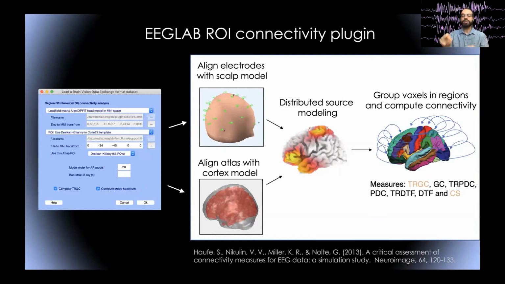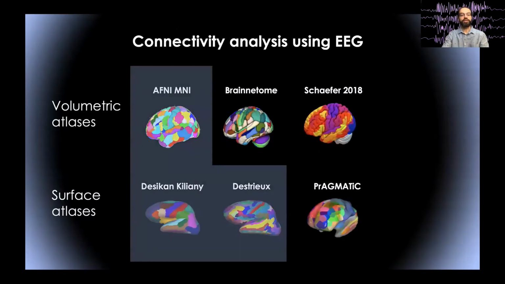And that's pairwise between all the areas. And right now you can use a volumetric atlas, so that's the full volume, or you can use surface atlases as well. And there are tools to align your head model or calculate your lead field matrix for these specific solutions.